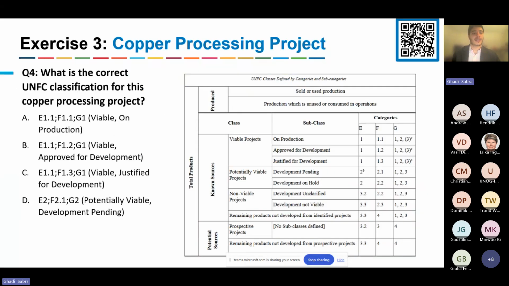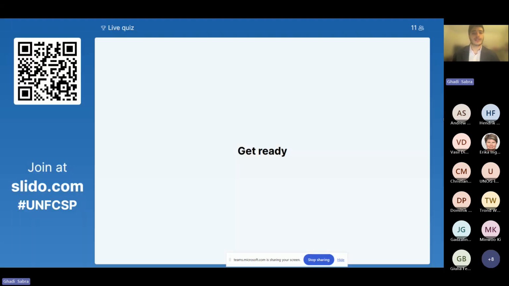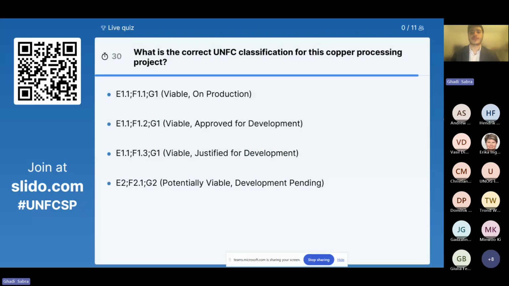Now, just to finalize, let's put everything together. So what is the right UNFC classification for this processing project? Is it 1.1, 1.1.1, viable on production; 1.1, 1.2, 1, viable approved for development; 1.1, 1.3, 1, viable justified for development; or 2, 2.1, 2, potentially viable and development pending? 5 seconds.